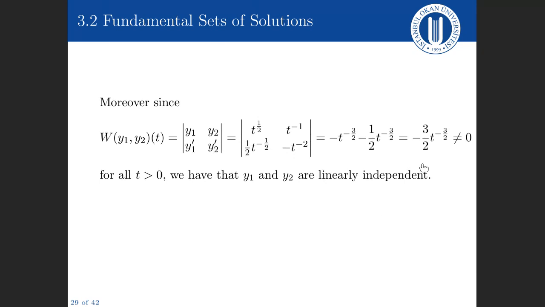Put everything in, and we get minus 3 over 2, t to the power minus 3 over 2. And because I said t must be positive, this must be not equal to 0. Because this is not equal to 0, y1 and y2 are linearly independent.